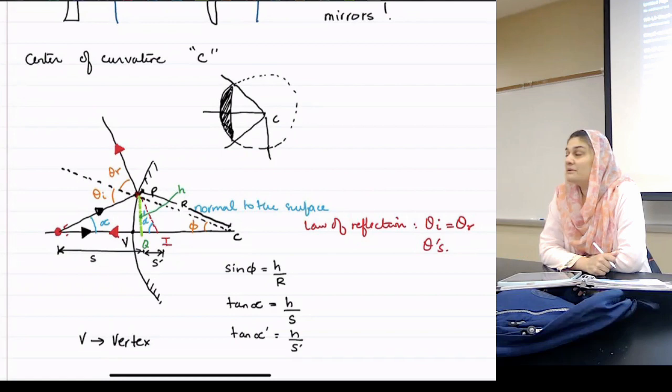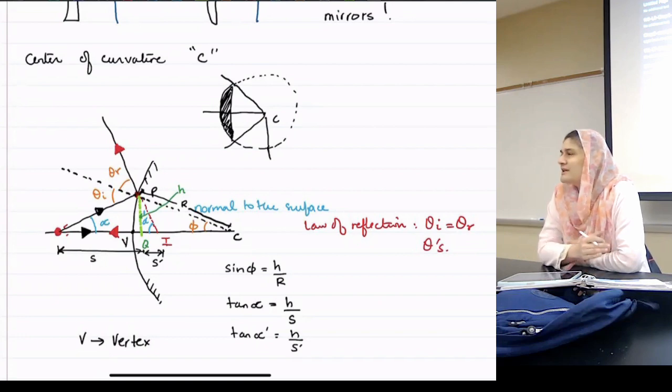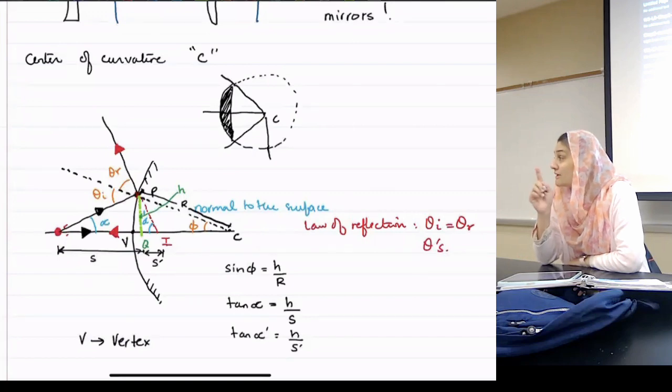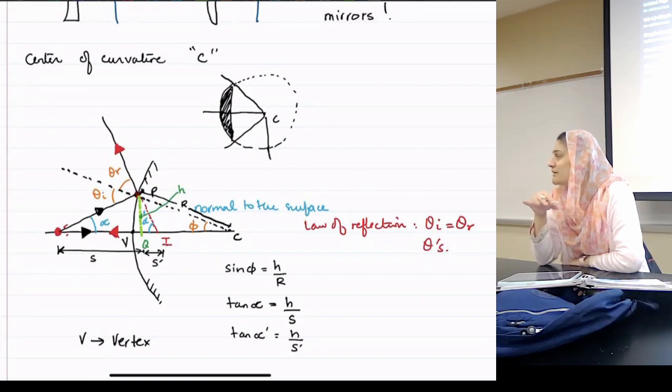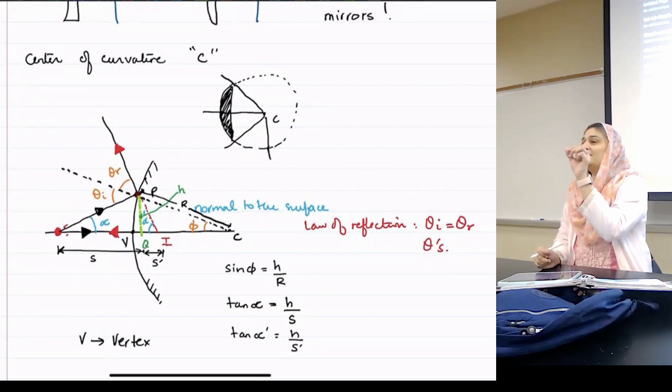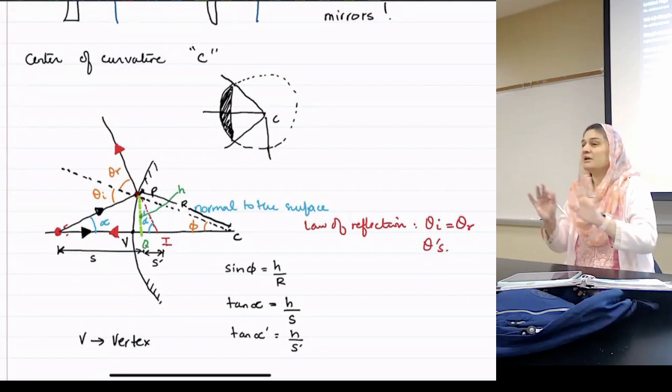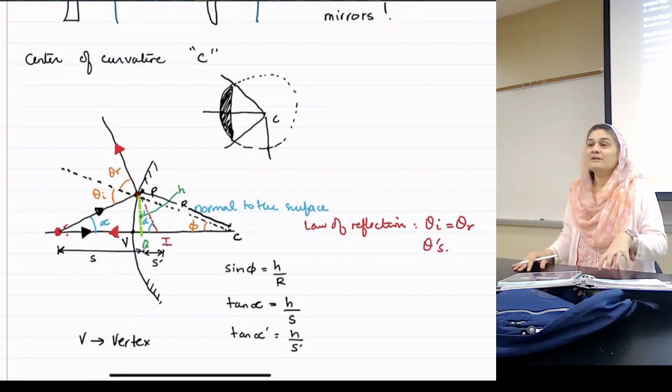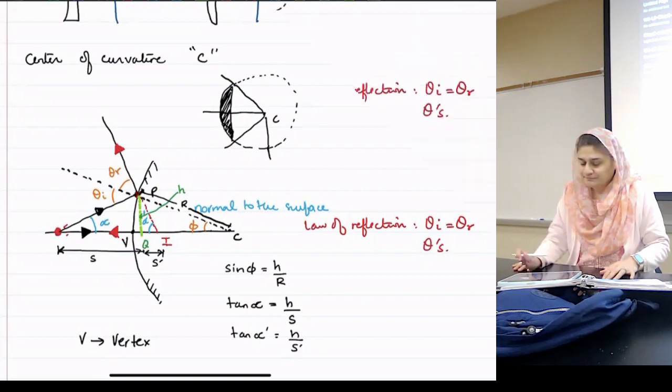Notice I am not calling them O's and I's yet, because technically they're not the object distance, which should be measured from the surface. We'll convert them because they're very close. The thickness of the lens can be ignored with respect to everything else, but I'm not ignoring that right now. So I'm calling them S and S prime.